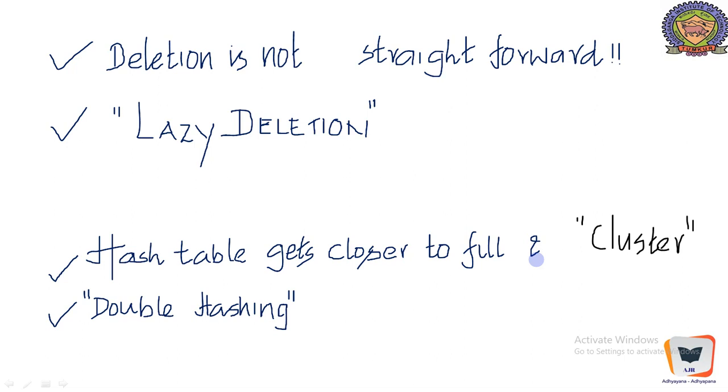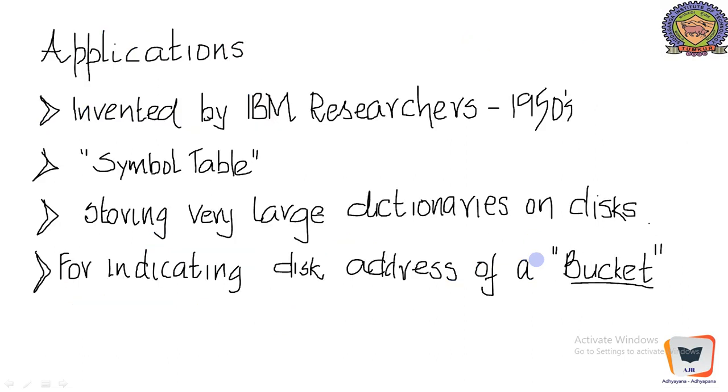There are several applications. Of course, with a good note, we will close this tutorial. Hashing as a method has a lot of applications. Since its discovery in the 1950s by IBM researchers, hashing has found many important applications.